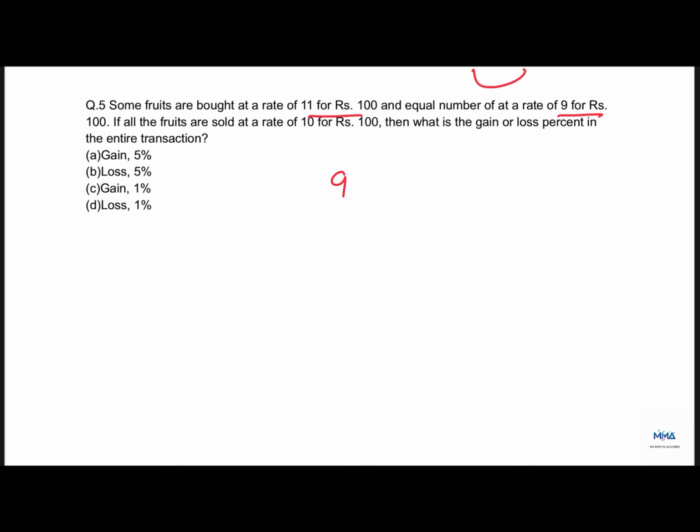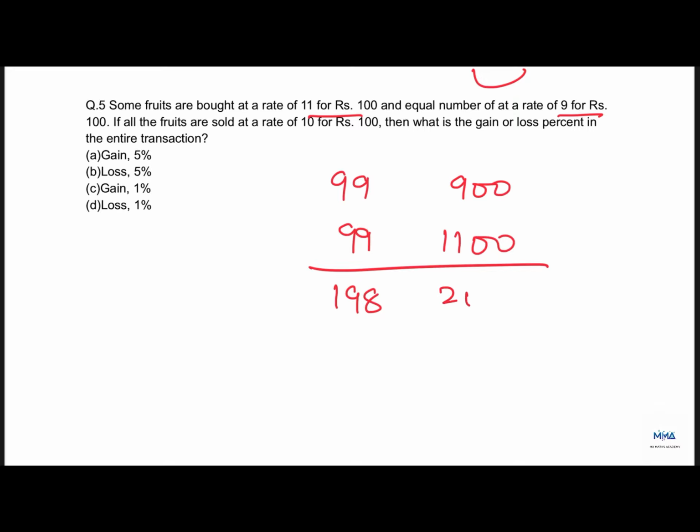In the first set, you multiply with 9 and you get 99 for 900. And in the second set, you multiply with 11, you get 99 for 1100. If you add these two, the resultant price is 198 for 2000 rupees. But they are sold at 10 for rupees 100.